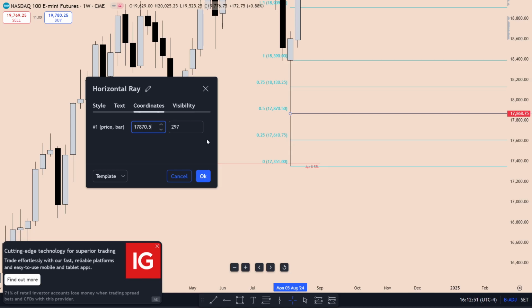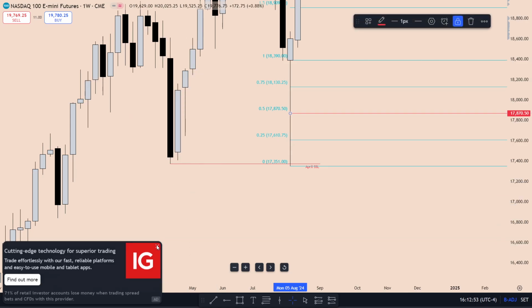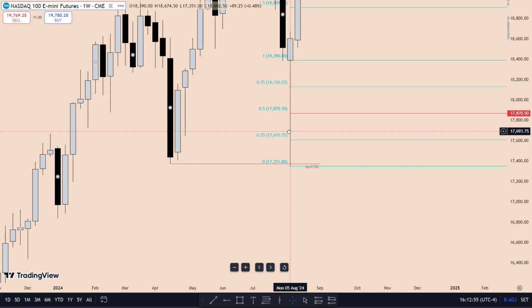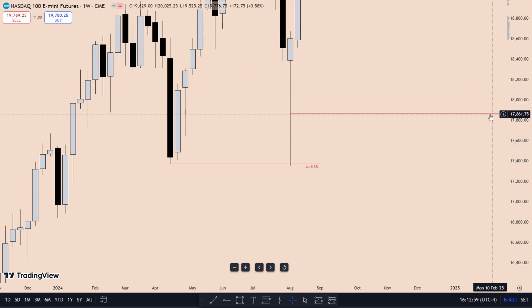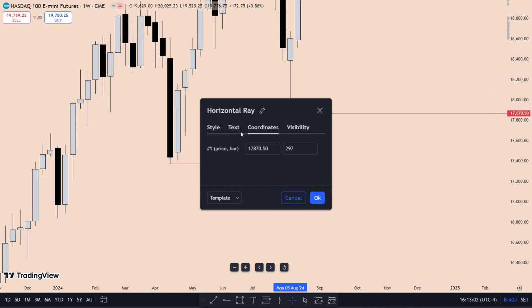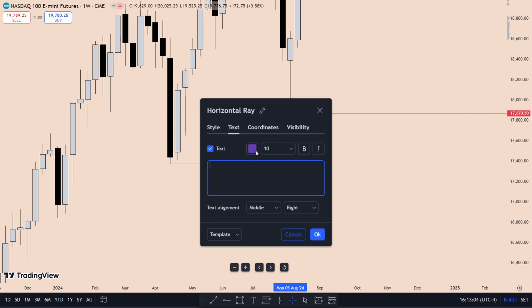1787.5. Alright, so we've got that accurately annotated. And then let's just label it. That is the consequent encroachment of the weekly discount.